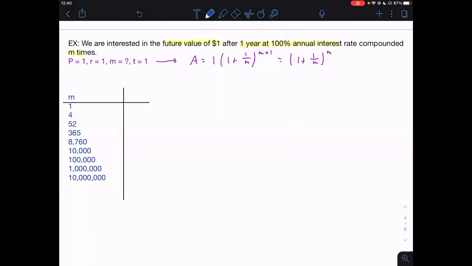So let's use this equation of 1 plus 1 over M to the M power to calculate the future value for these differing periods. Okay, so first, let's write this down.